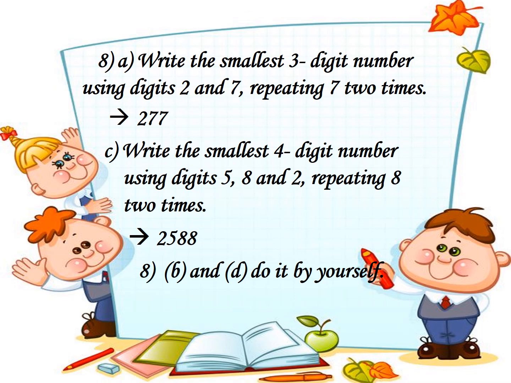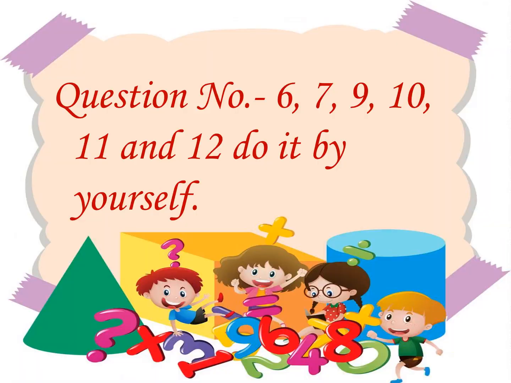You have to repeat 8 two times and make the smallest 4-digit number. The number will be 2588. The rest two will be your homework. Question number 6, 7, 9, 10, 11 and 12. Do it by yourself.